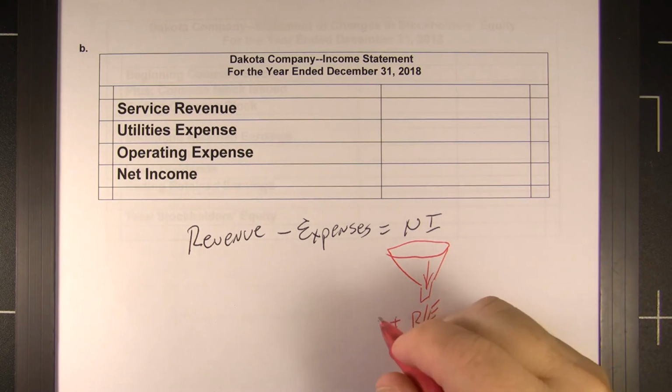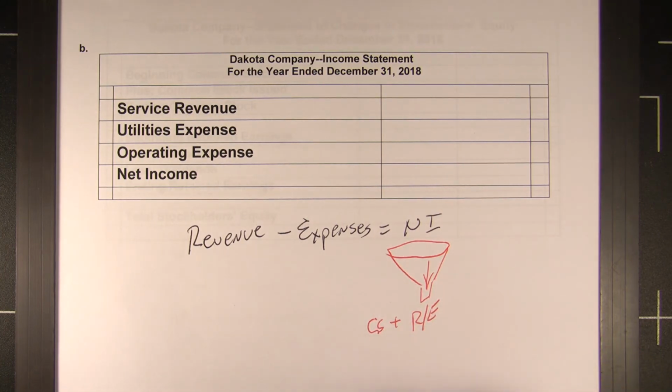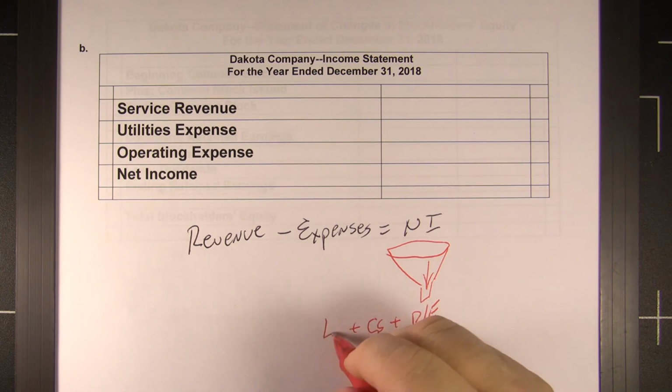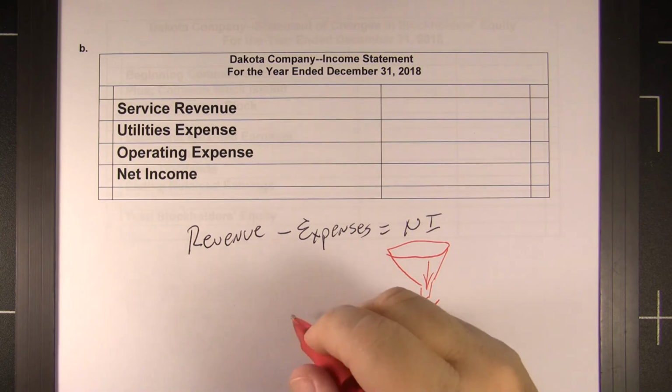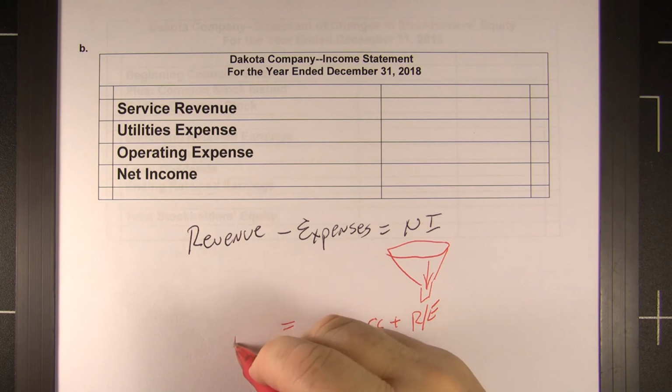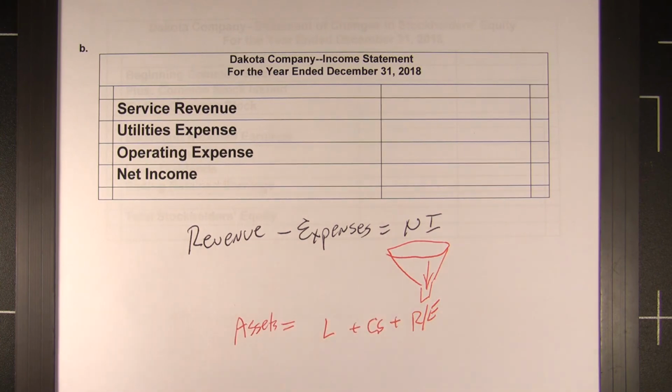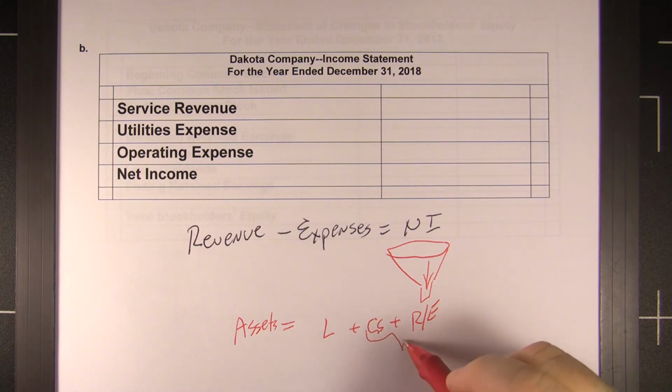Retained earnings plus common stock is the total equity, the total ownership of the company, plus liabilities, and that always has to equal the assets, the things we have. So the things we have are equal to what we owe plus what we own.